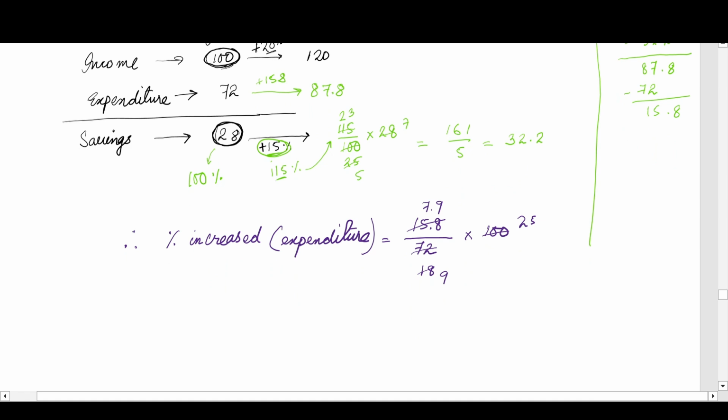So 7.9 into 25, 25 into 9 is 225, 22 in hand, 225, 25 into 7 is 175. So 175 plus 22 is 197.5.